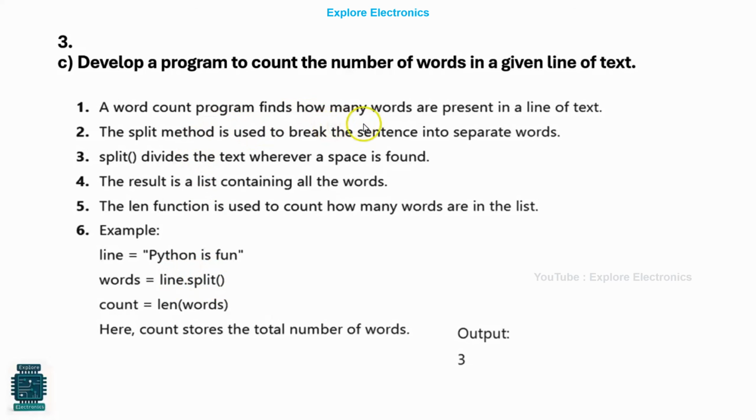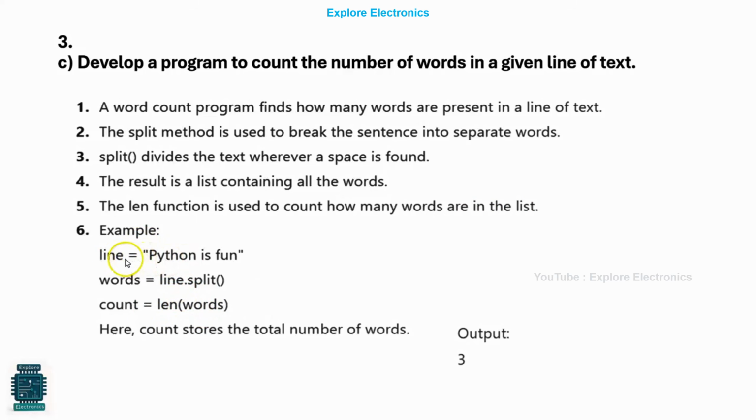It is used to break the sentence into separate words. It divides the text whenever a space is found. The result is a list containing all the words. The length function is used to count how many words are there in the list.